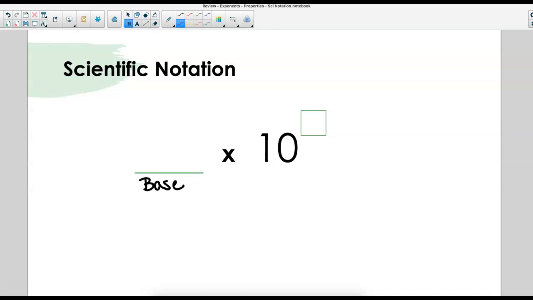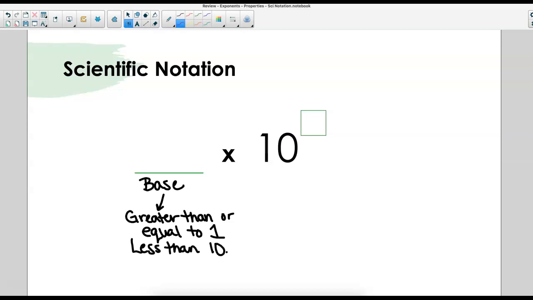Tell me about this base number. What did we learn about this base number? It has to be smaller than 10. So the base number is greater than or equal to 1, but less than 10.